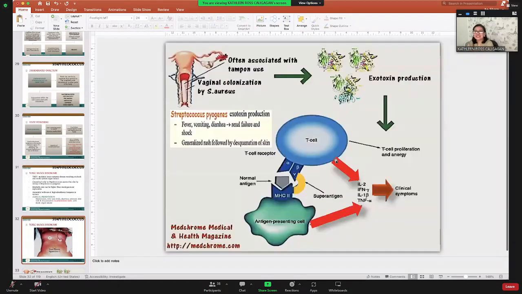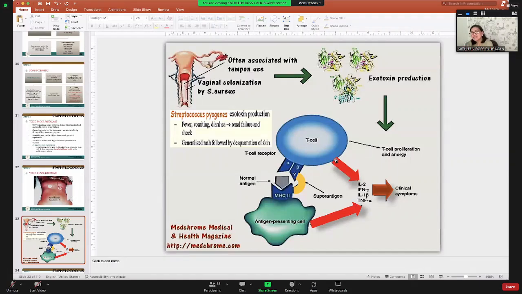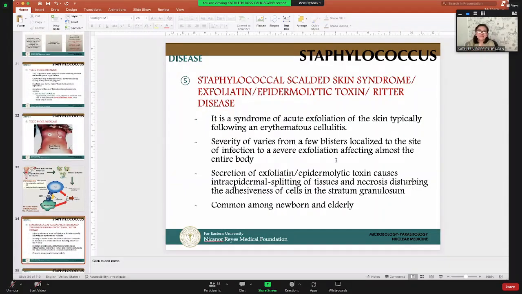That is toxic shock syndrome. If you want to study this diagram here you may, but I'll just move forward. Okay, another manifestation, the last one, is staphylococcal scalded skin syndrome, also known as exfoliatin or epidermolytic toxin or Ritter's disease.